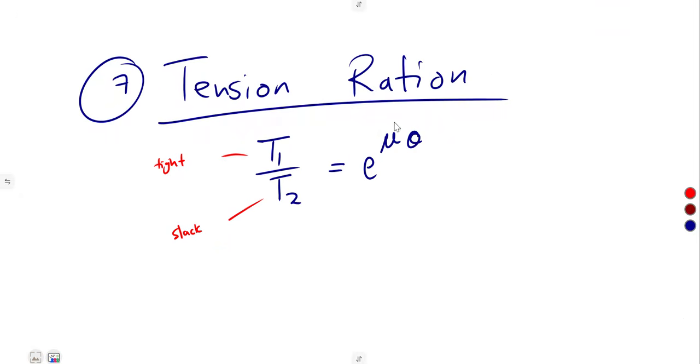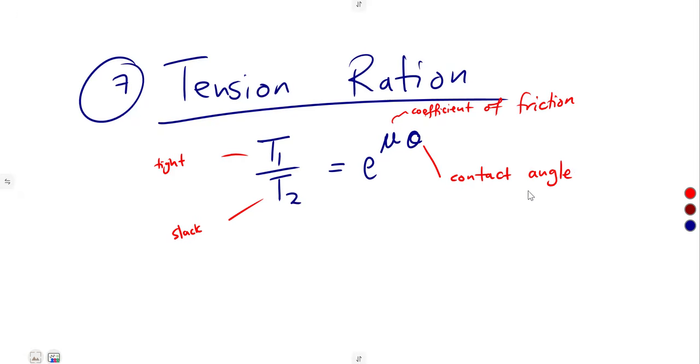And we do understand that we have got the coefficient of friction mu, which is actually just a constant, no units for that one. And we also have theta as the contact angle.